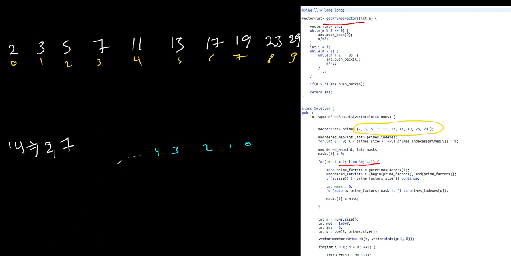All the bits are 0. Now 2 is at index 0, so we set this bit to 1, and 7 is at index 3, we set this to 1, and others are 0, and this means 1001 is the mask for prime factors of 14, and this equals 9.